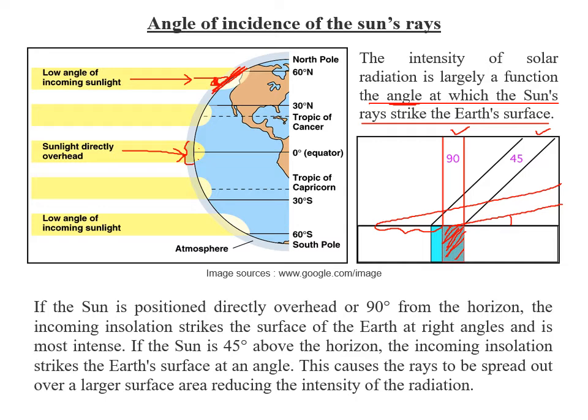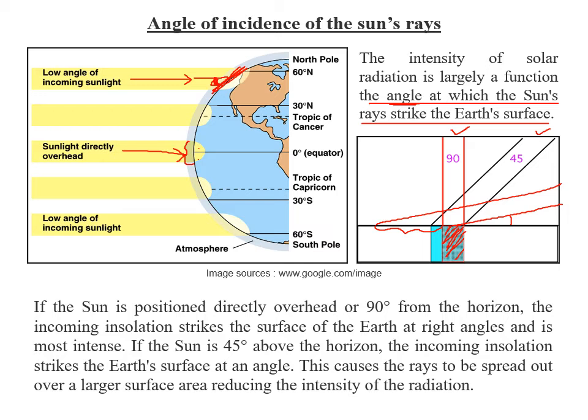The point closer to the equator receives more energy, whereas the point closer to the poles will receive less energy. So this variation of incoming solar radiation over the earth's surface is related to the angle of incidence of the sun rays over the earth surface.